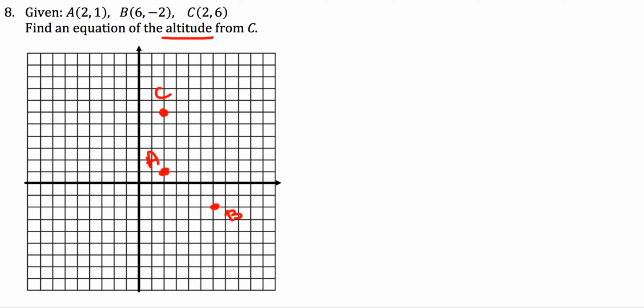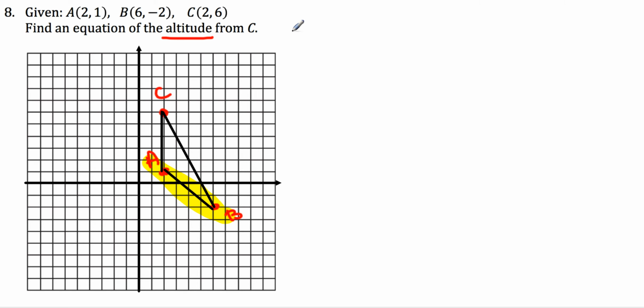Now, if I have to draw the line segment, now I want to draw the altitude from C. That means I need to find the slope of the other line segment, which is AB. Now, let's try to do that.